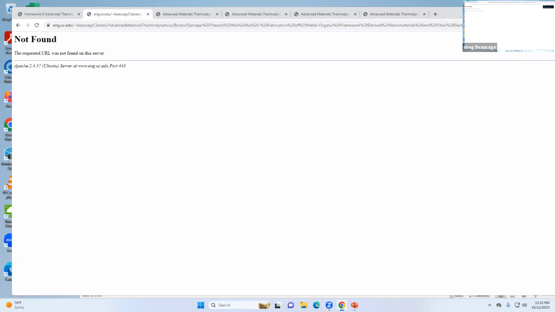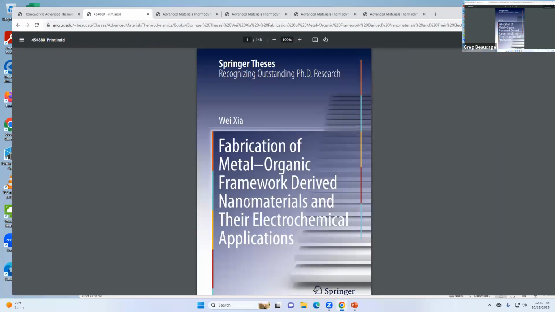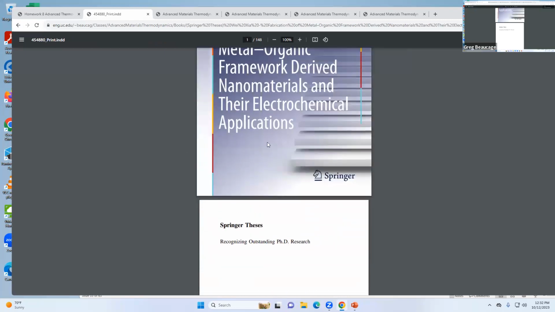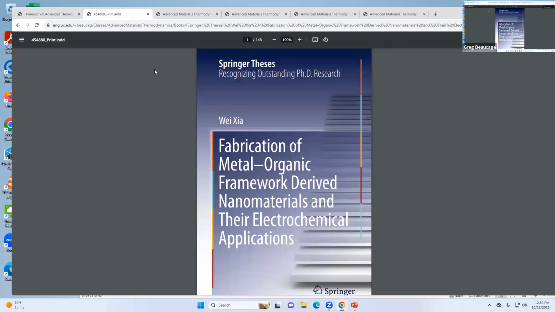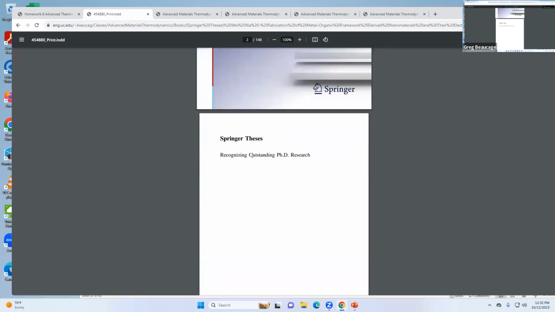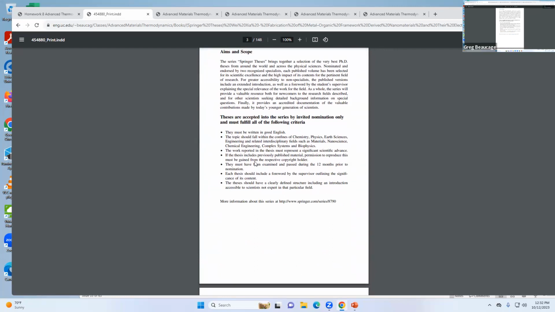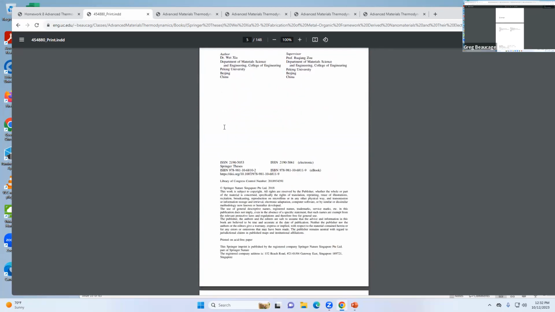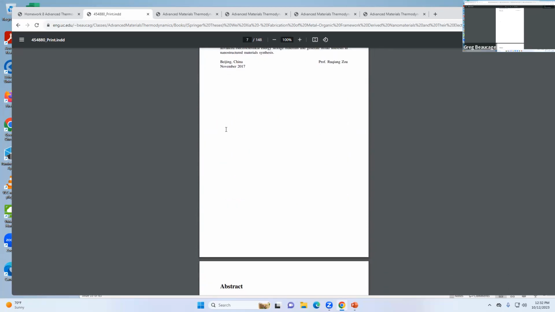It's a person's dissertation, not the one from that abstract, and it goes through all the different ways to make metal organic framework materials.